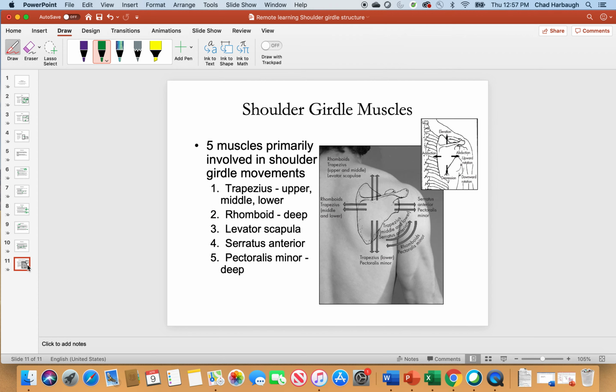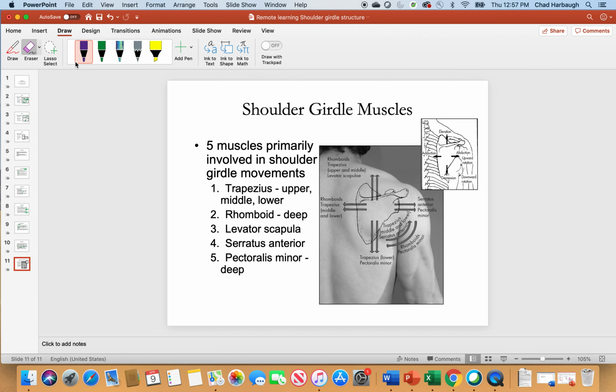So finally, this last diagram I think is the most important. It gives you two things. The first one is over here, it gives you the different directions. So we have elevation, adduction of the scapula, abduction of the scapula, depression of the scapula. We have upward rotation and downward rotation of the scapular joint along the frontal plane.